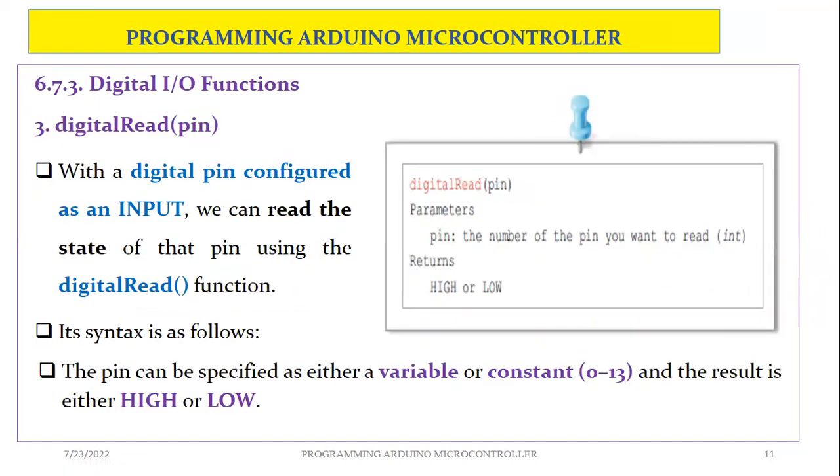The third function that is important as far as the digital input output functions are concerned is the digitalRead function. When a digital pin has been configured to operate in the input mode, then we can use the digitalRead function to read the state of that input pin.